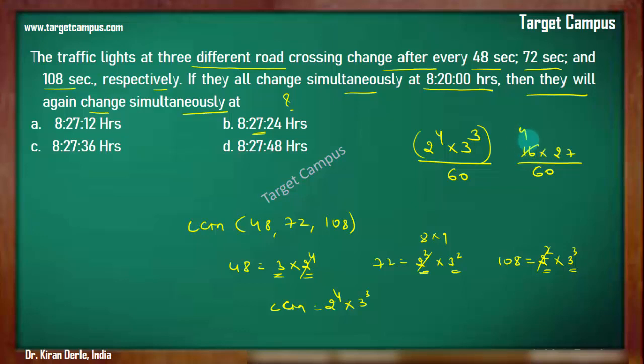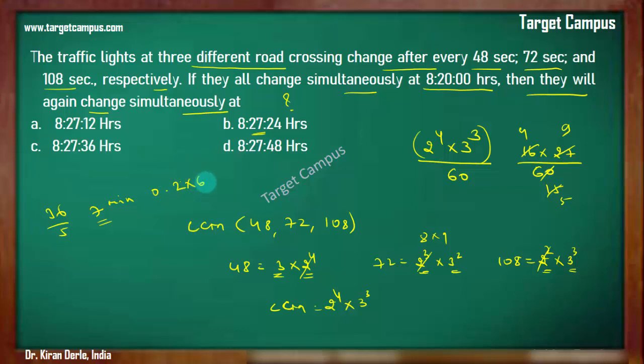So 4 into 3 cube over 15 gives 36 by 5. 36 by 5 is 7 minutes, and the remainder is 1, so 1 by 5, which is 0.2 minutes.